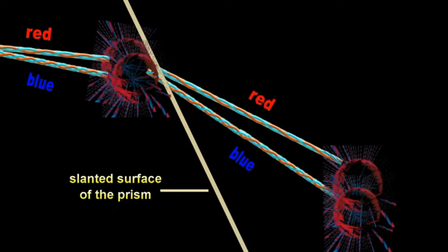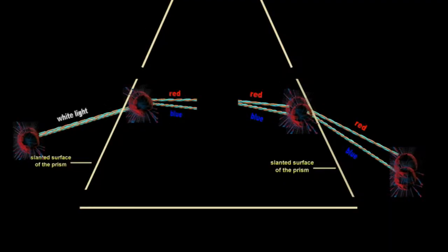Let's now put them together. Here it is, the two sides of the prism. On the one side you have two atoms pumping through ropes to two atoms in the prism. It's white light because it's got all the colors. Here we're showing only red and blue. That is being retransmitted by the atom in the prism to the other side.